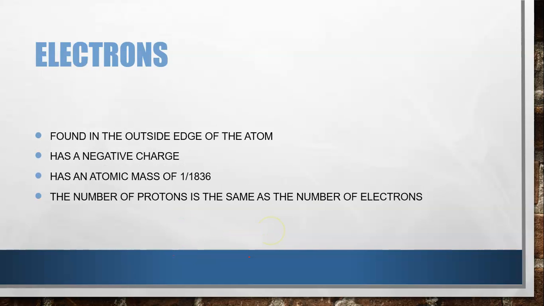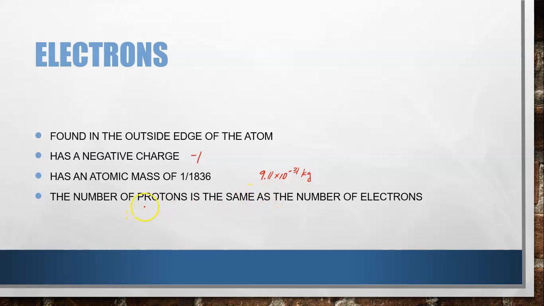The electrons. These are found on the outer edge, in the shells of the atom, and have a -1 charge, so equal but opposite to the proton, and an atomic mass of 1,836, or if you put that in kilograms, it's 9.11 times 10 to the negative 31 kilograms.